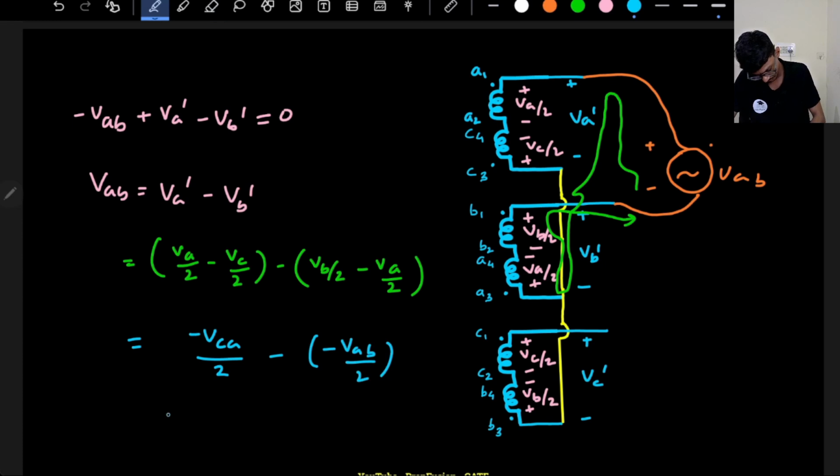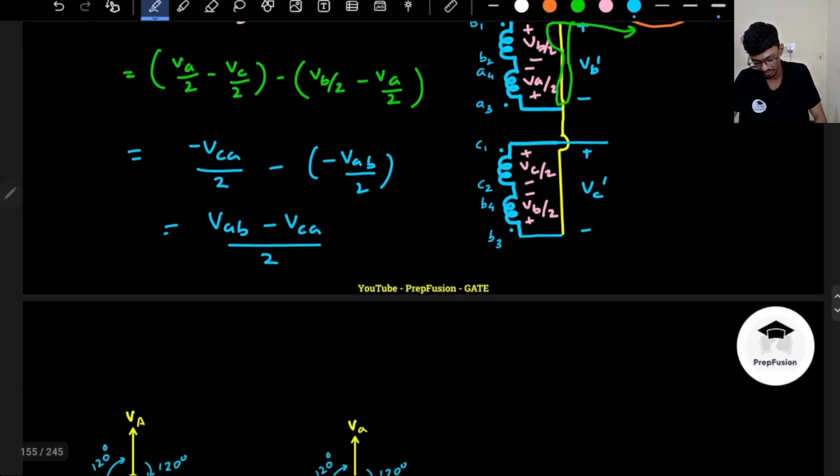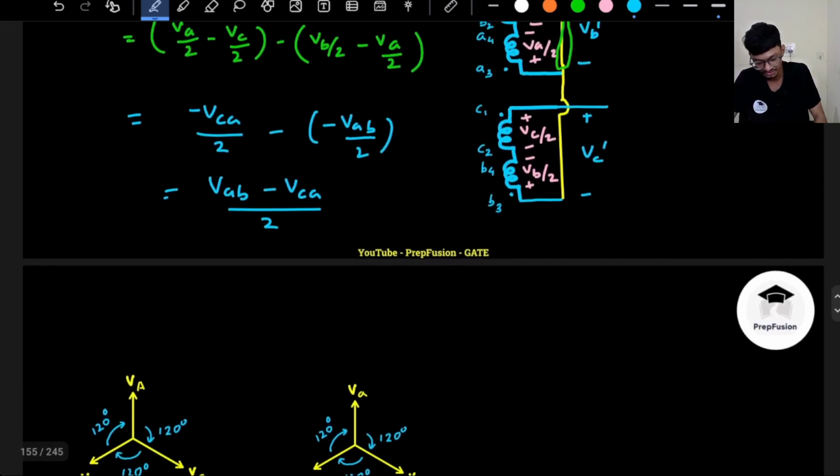Basically this value is VAB minus VCA divided by 2. Okay, that is what we are calculating here. So how will I find out the values? So it is VAB minus VCA divided by 2.